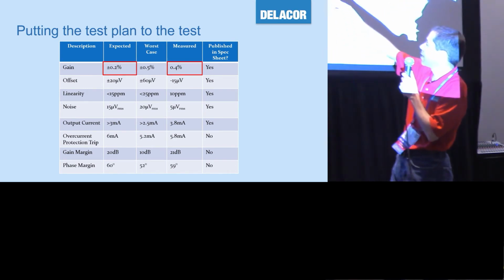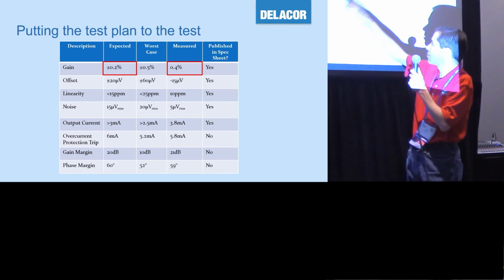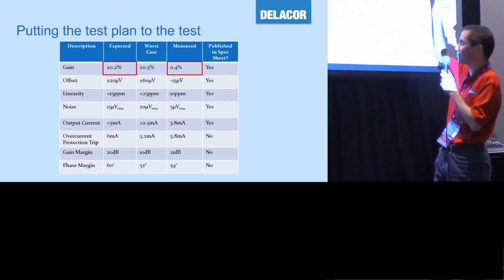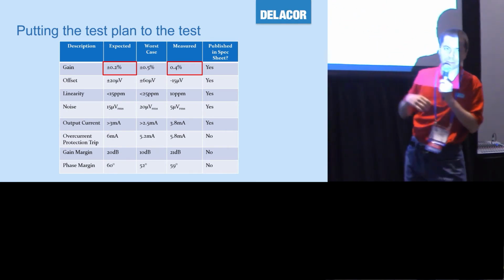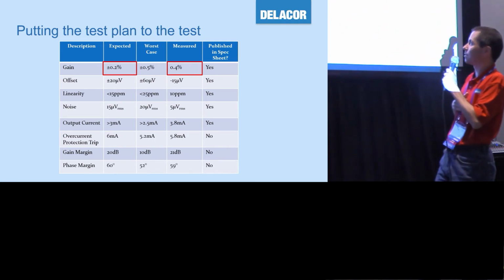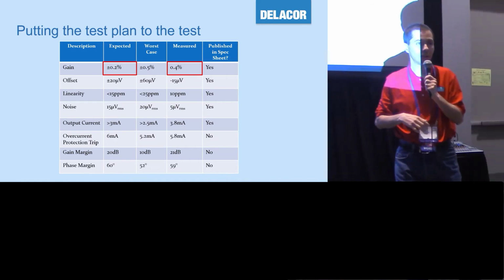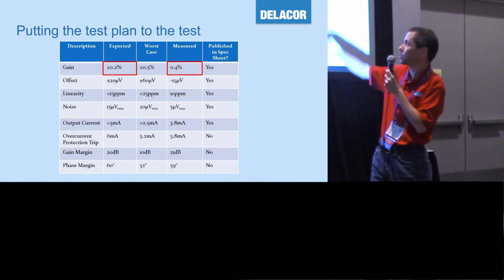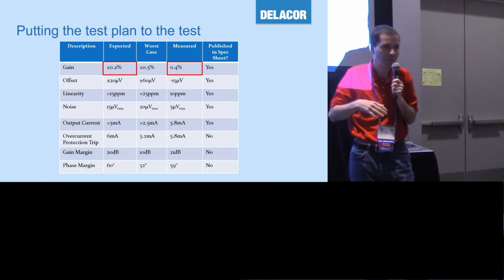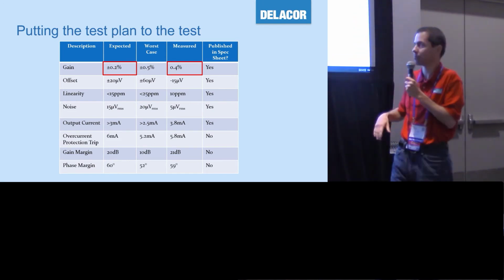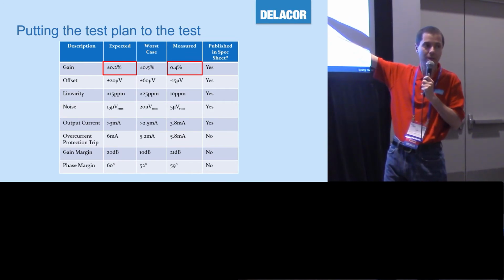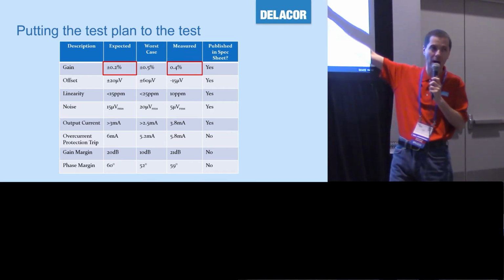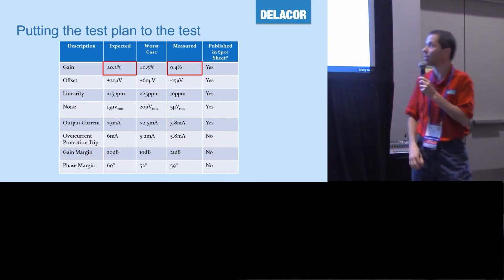For example, and these are just examples of things I may have seen over the last several years, I saw 0.4% of gain error, but I expected 0.2. And you might say, well, that's okay, the worst case is 0.5, you're good, right? Well, no, because that worst case might be over 50 degrees of temperature variation. But I really expected 0.2, but I'm getting 0.4, so I've got to get to the bottom of why I'm not within expected.